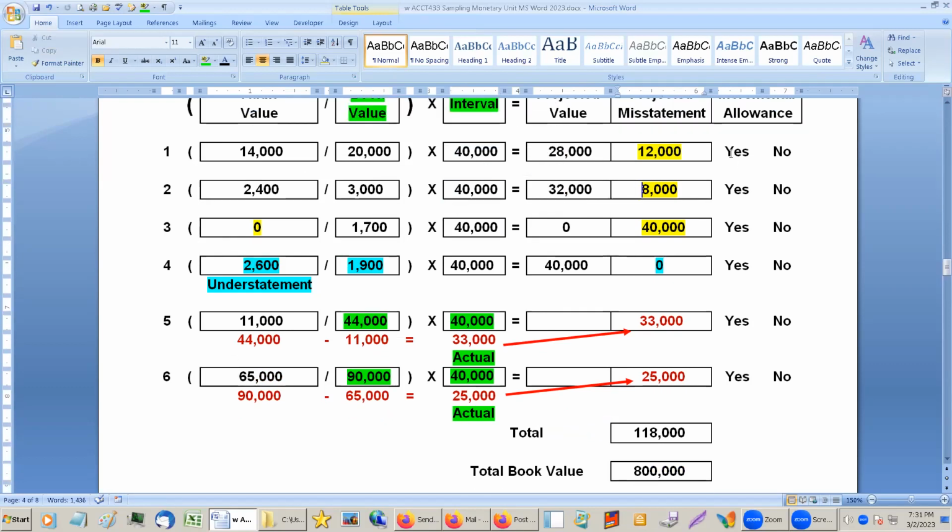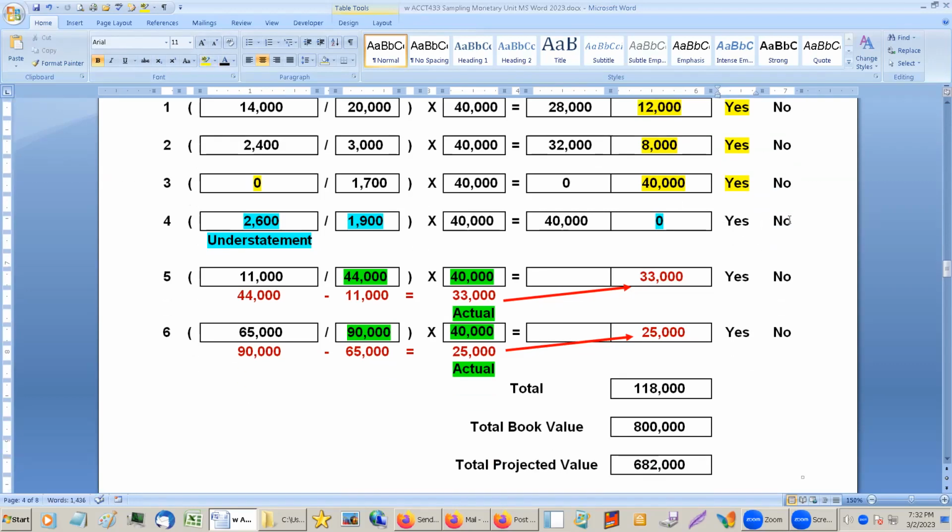So these first three are all going to be included in what we call the incremental allowance. This one's not misstated at all, and it wouldn't matter anyways, even if it was, because it's 0. 0 times anything is 0.